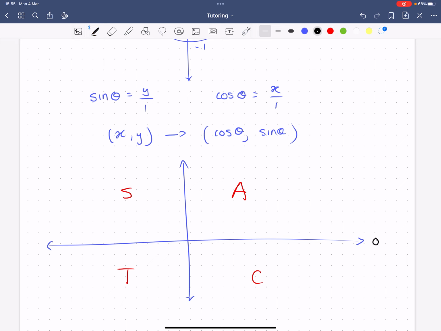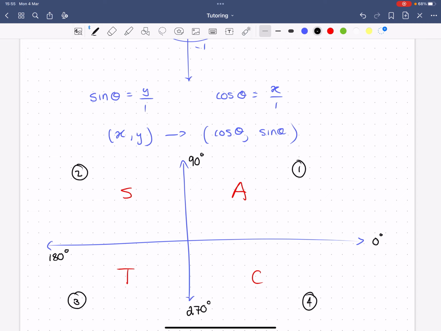Now I know that 0 degrees is here, and if I went up here, I would be at 90 degrees. If I went over here, I'd be at 180 degrees, and if I went down here, I would be at 270 degrees. We also know these are called quadrants. This is quadrant 1, this is quadrant 2, this is quadrant 3, and this is quadrant 4.